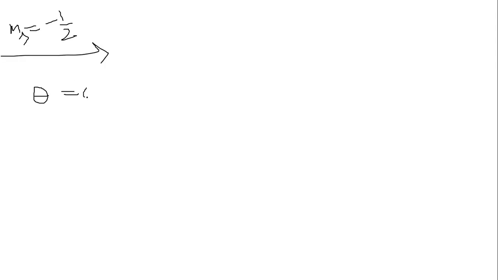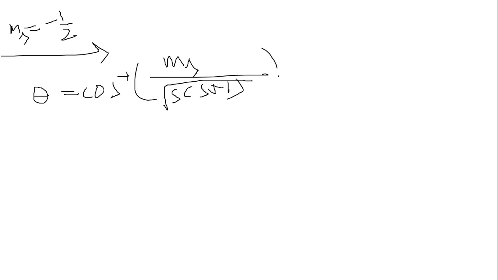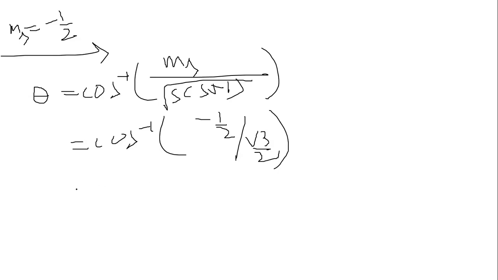Then theta will be cos inverse m_s by root of s into s plus 1. So everything is the same as the previous case, but here there will be a negative sign. So minus half by root 3 by 2. So it will be cos inverse of minus 1 by root 3.